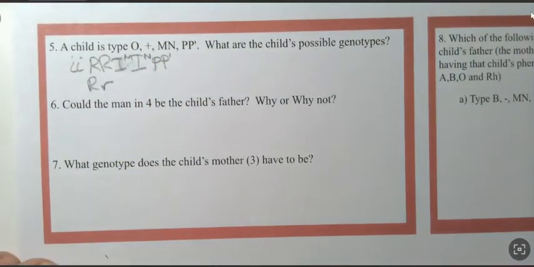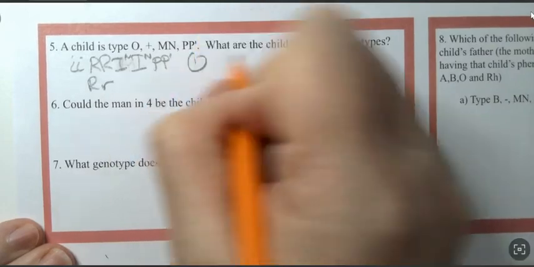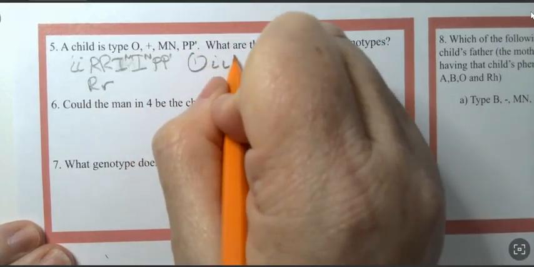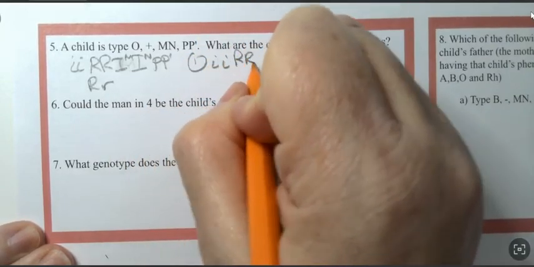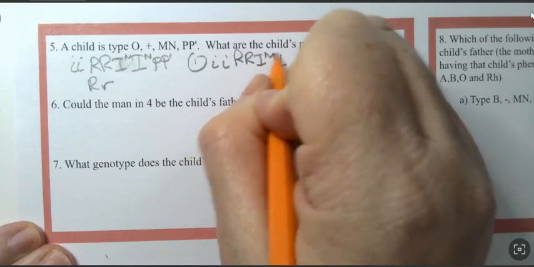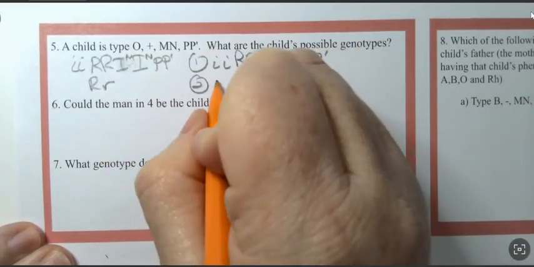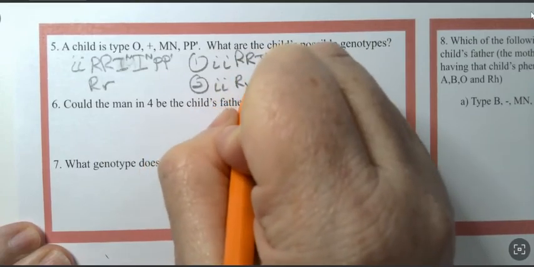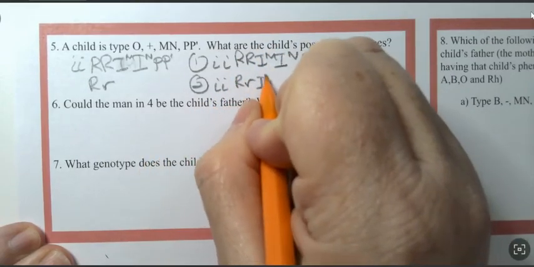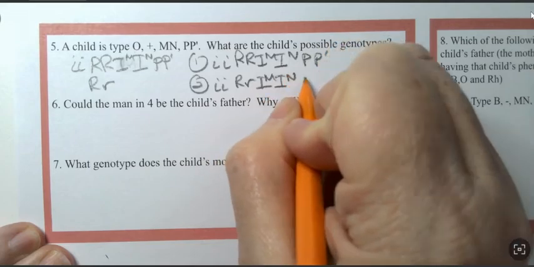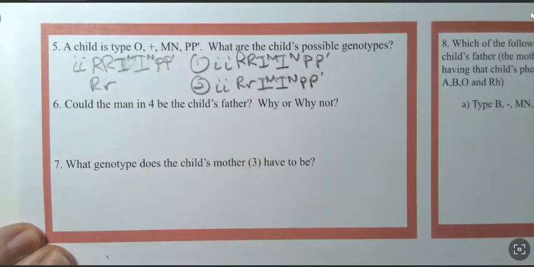So that means, again, we have two ways we could do this. Or the other way is like that.